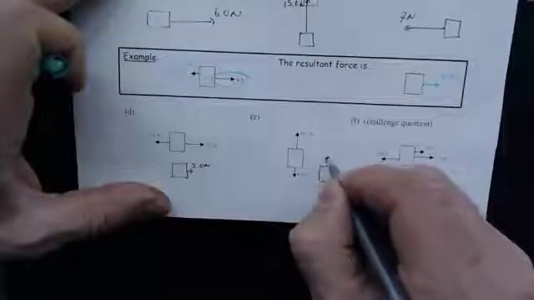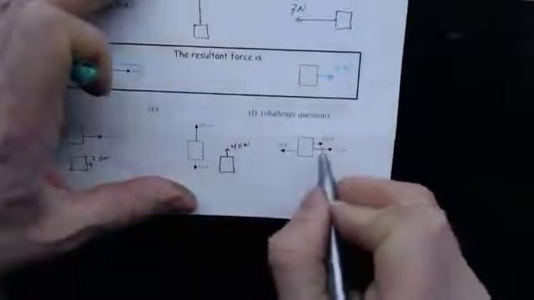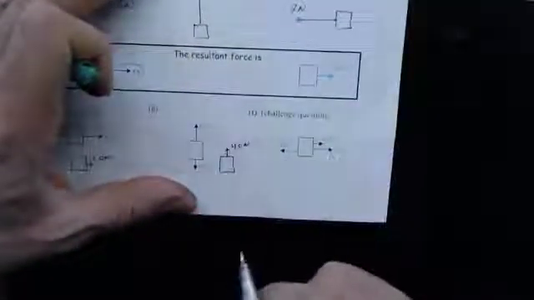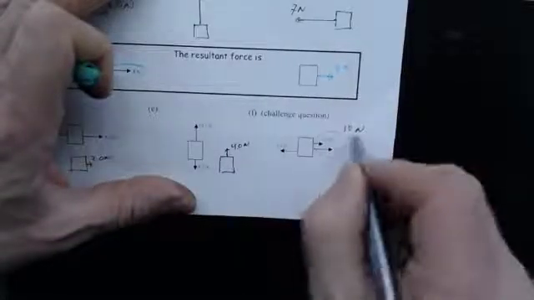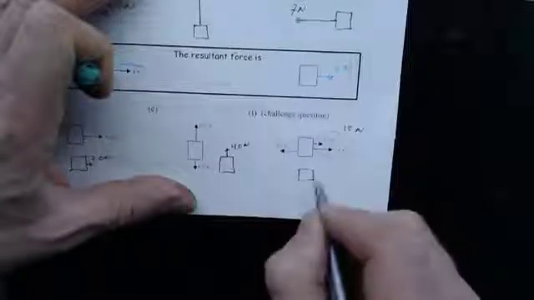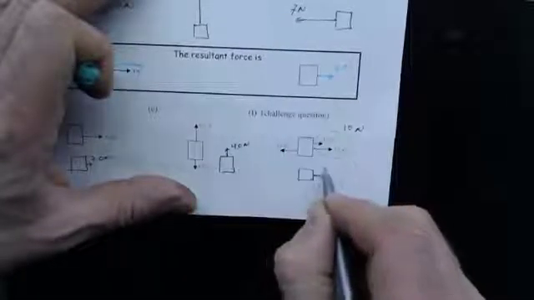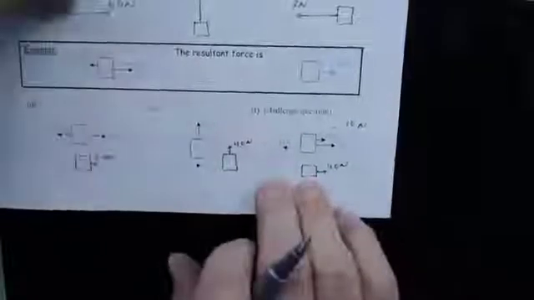And 4 going up. And the last one, oh, I have 2 that add and 1 that subtracts, right? So that is the same as 10 newtons, and that is 6. So my answer would be 10 minus 6, 4.0 newtons.